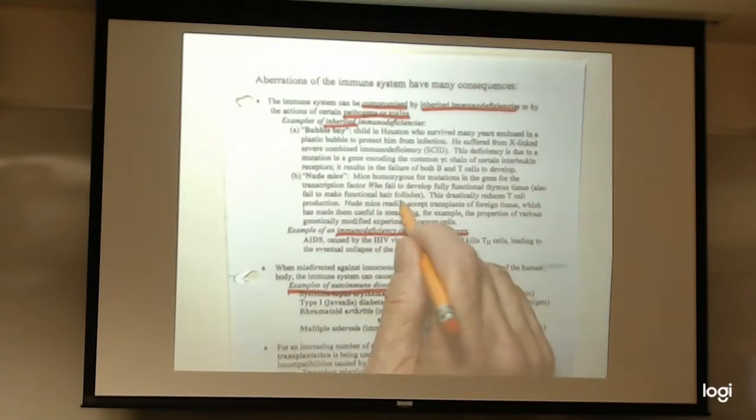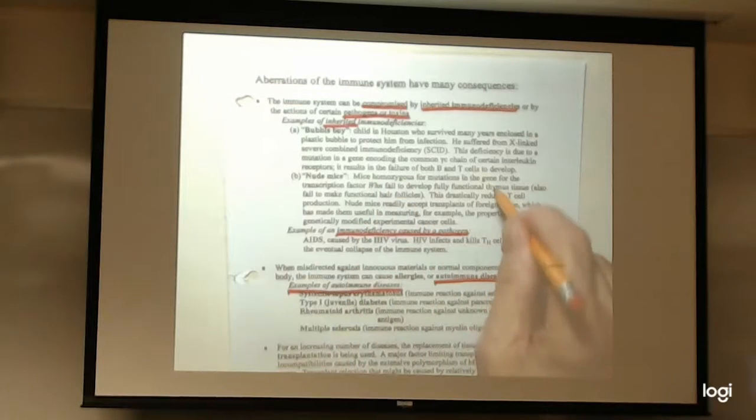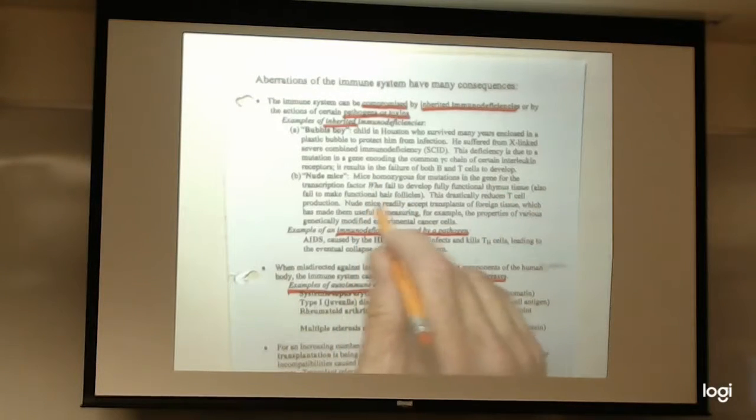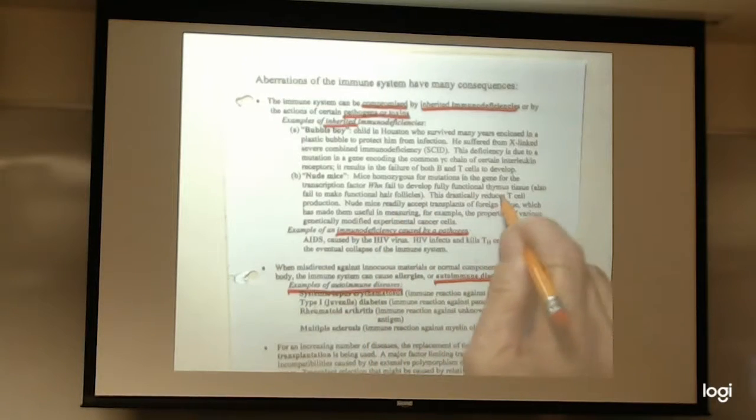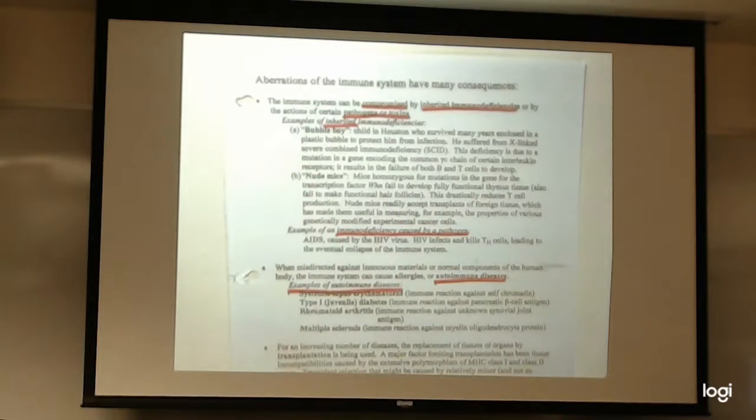So these mice can't make a thymus gland, and they're also nude mice because they can't make any hair. Because they can't make a thymus, they can't make T cells, and they accept transplants and grafts very easily. They're widely used in cancer research to transplant them with certain tumor cells to see how the tumor is going to grow in an in vivo environment.